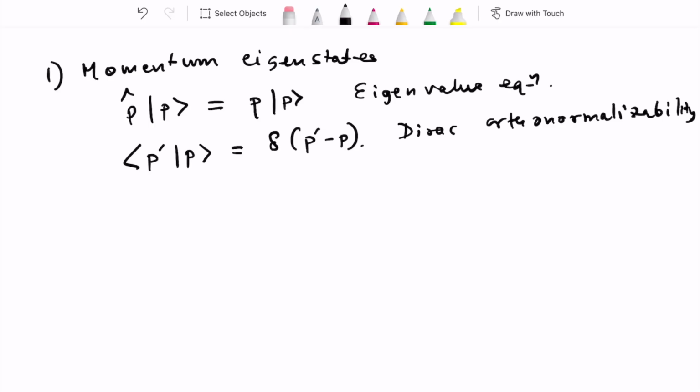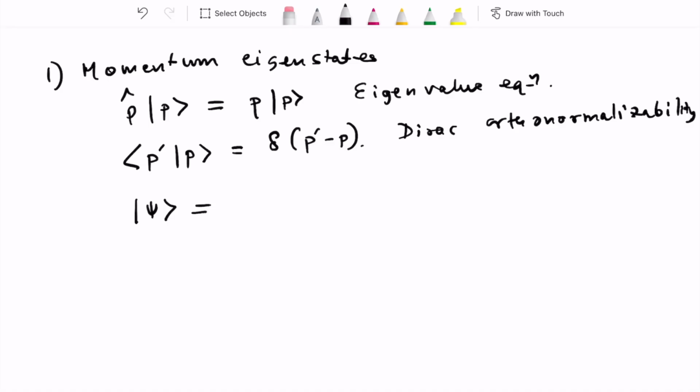Alright, and we also saw that as a consequence of this Dirac orthonormalizability, the states are complete, which means that you can express any arbitrary state psi as a linear superposition of these momentum eigenstates |p>.